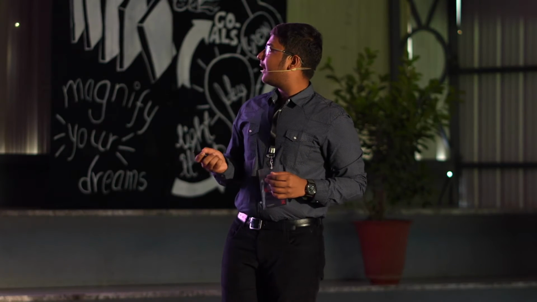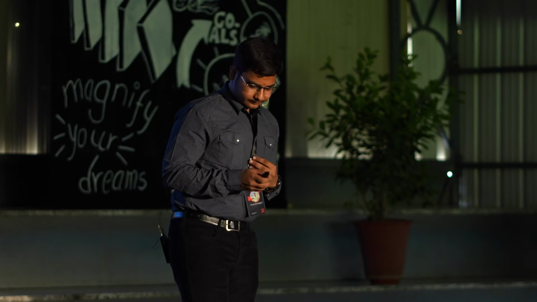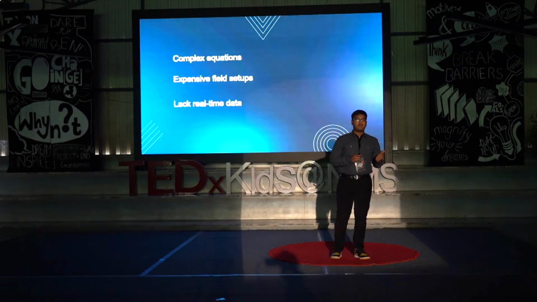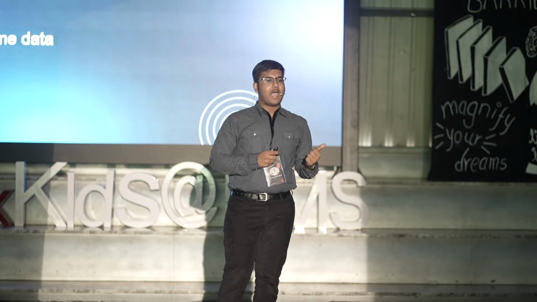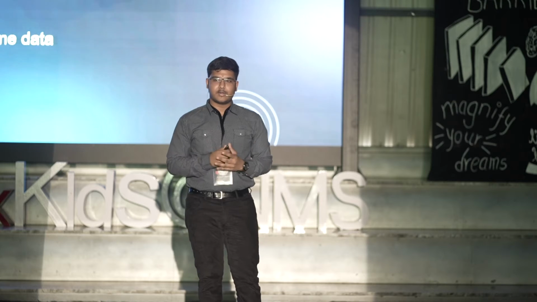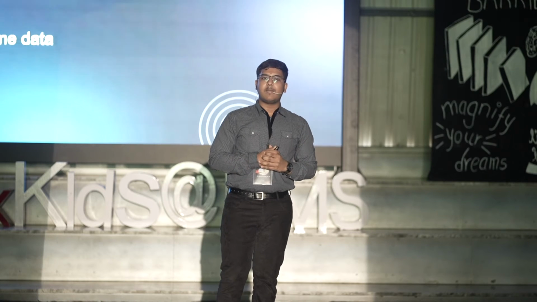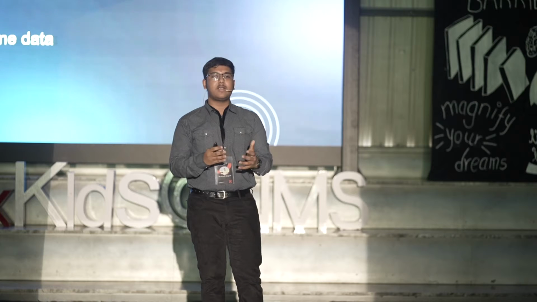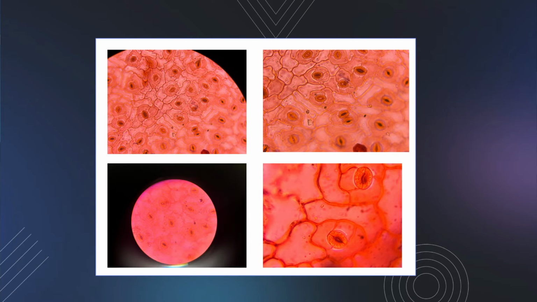So this is where our groundbreaking product, ETNet, comes in. It's a fusion of machine learning and agricultural sciences. When I first set out to solve this problem, I did what anybody else would have done, a simple Google search. This is when I came across several microscopic images of leaves from different species of plants.